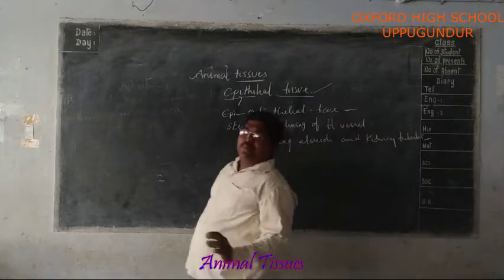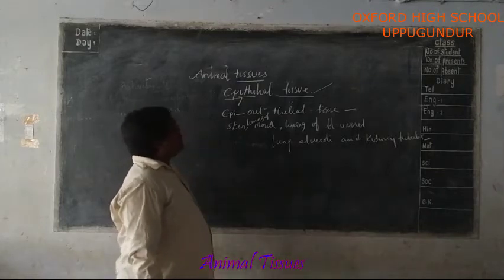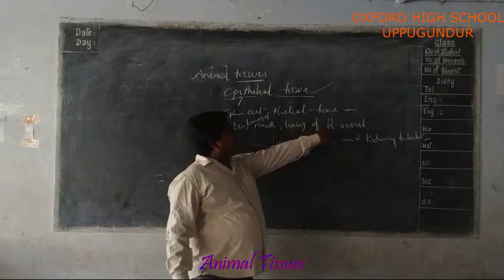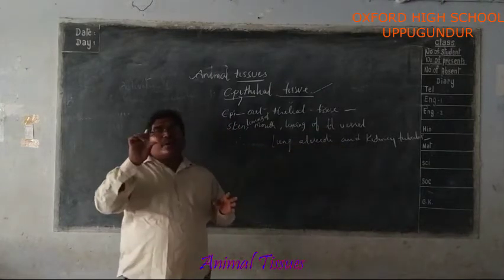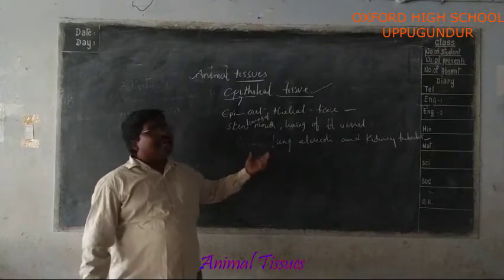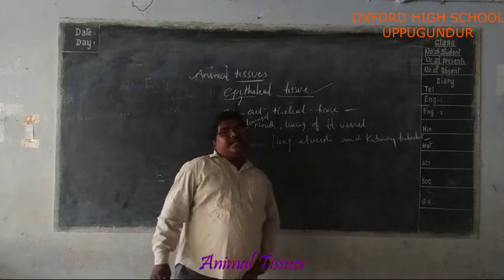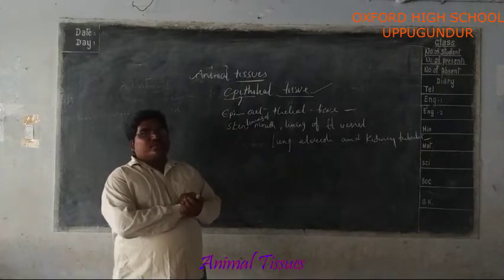Dear students, epi means outer, thelium means tissue. So this epithelial tissue is present in the skin, lining of the mouth, lining of the blood vessels, lung alveoli. That means the small chamber-like structures present in the lungs. Kidney tubules. There are different types of epithelial tissue.